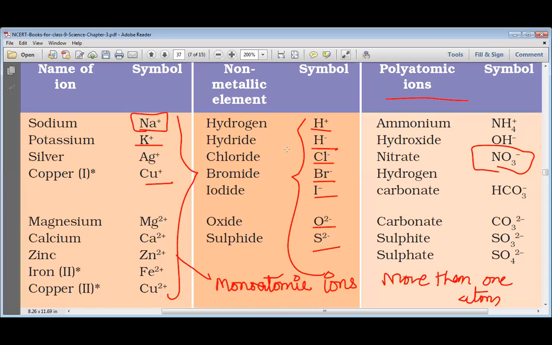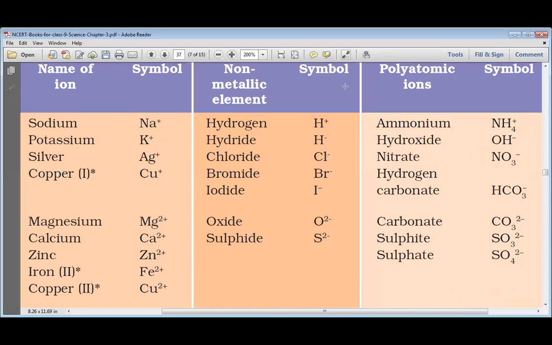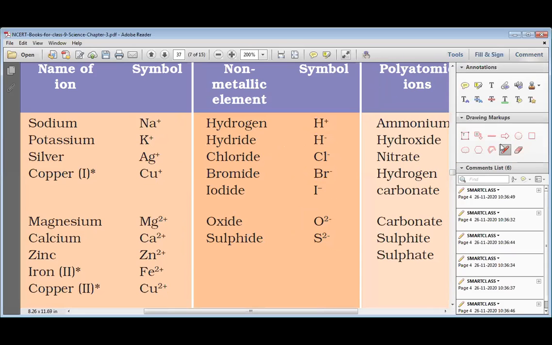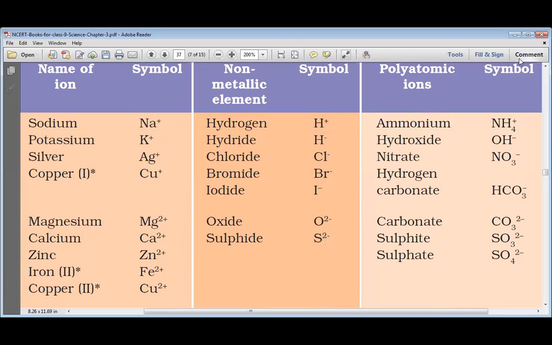Now my dear students, here you can see that we have various types of ions, but some ions have positive charge. We can call them cations. So these are the cations.